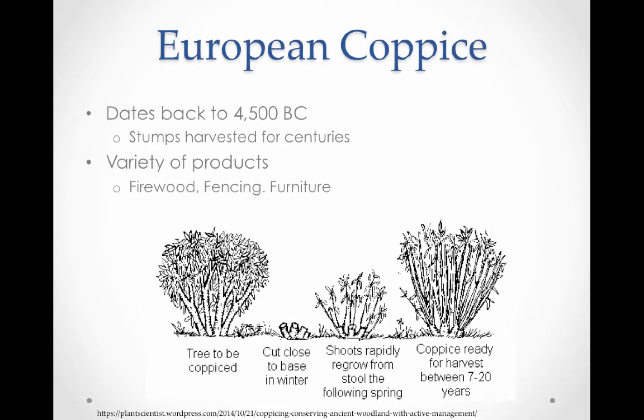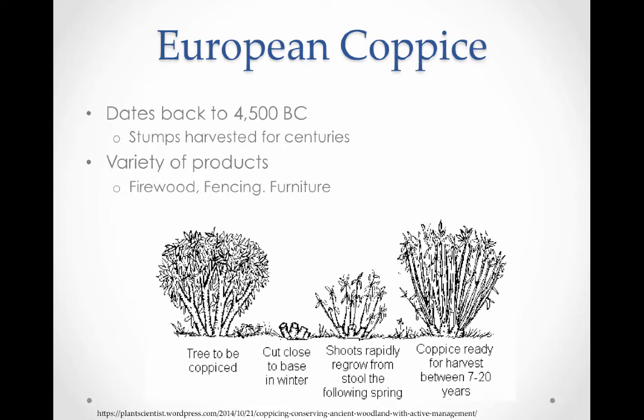Firewood is extremely important in Europe. European civilizations date back thousands and thousands of years, so forests have been used for a long time. One of the important products from our forest is firewood, and using a coppice system, you can get firewood back relatively quickly.